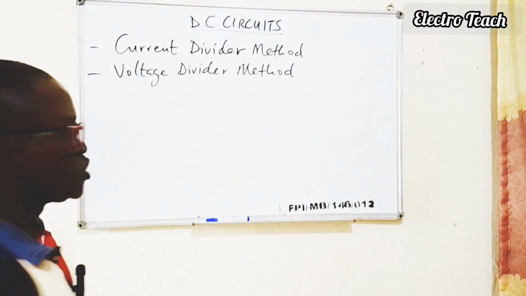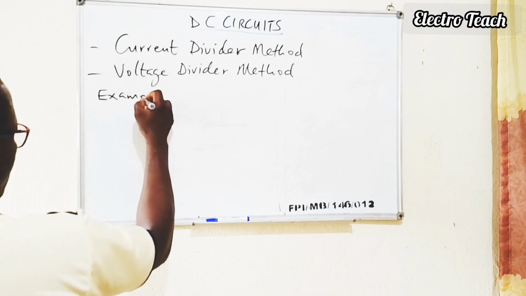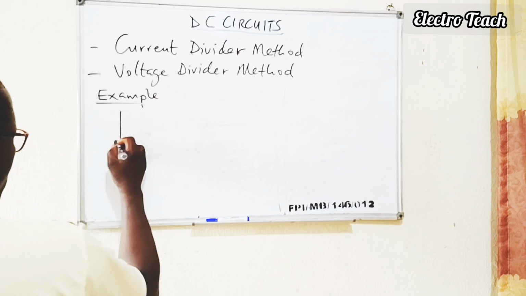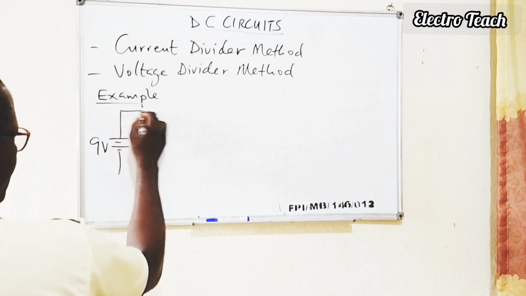All right, so we have a circuit that we're going to use as an example. We have a simple circuit in this way. We have 9 volts connected.